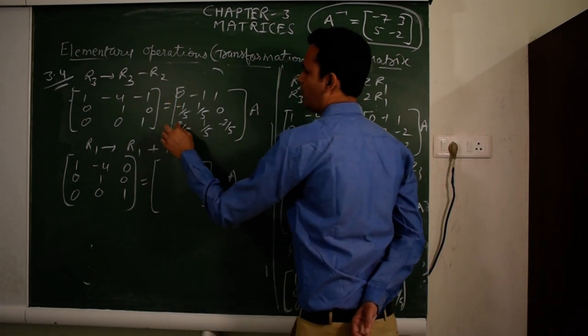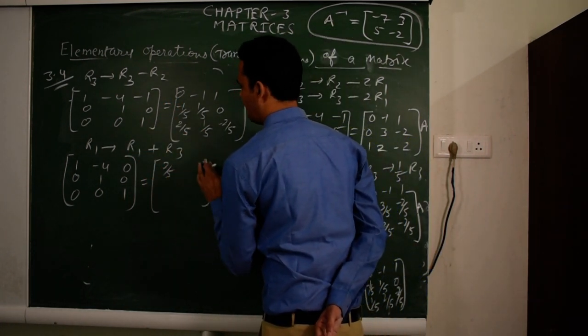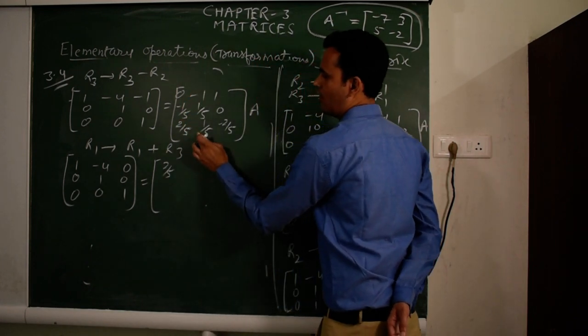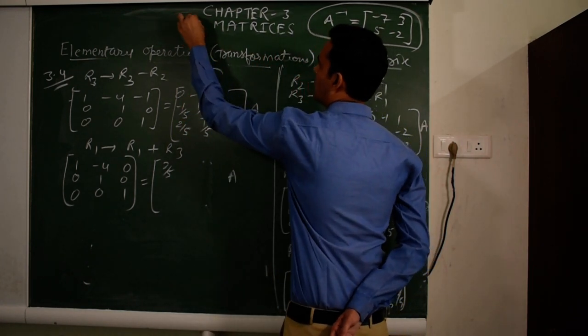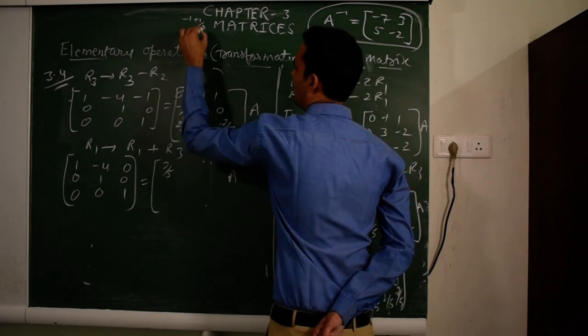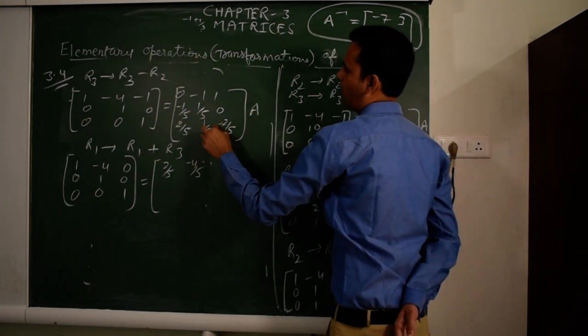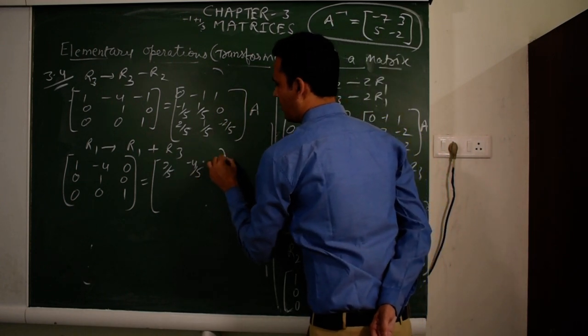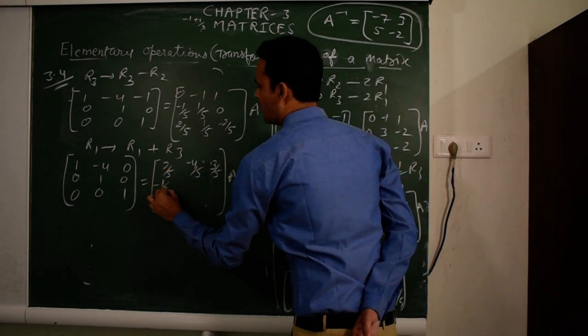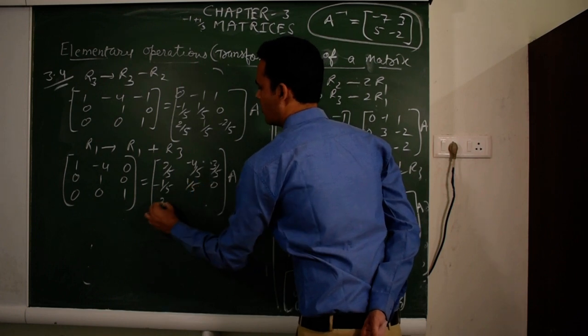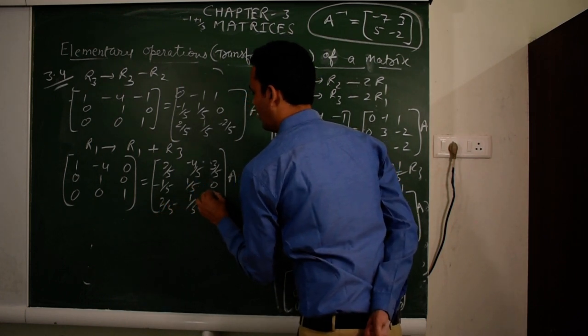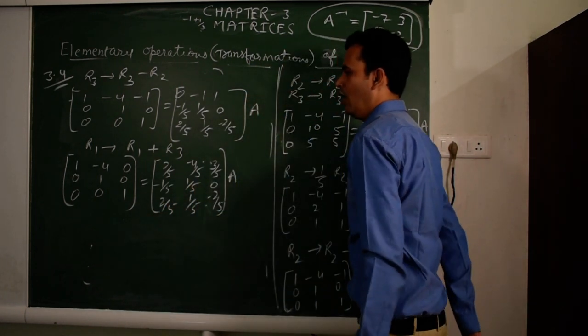So R1 plus R3 2 by 5 minus 1 plus 1 by 5, it's minus 5 plus 1, it's minus 4 by 5, and 5 minus 2 3 by 5, then minus 1 by 5 1 by 5 0, 2 by 5 1 by 5 and minus 2 by 5.